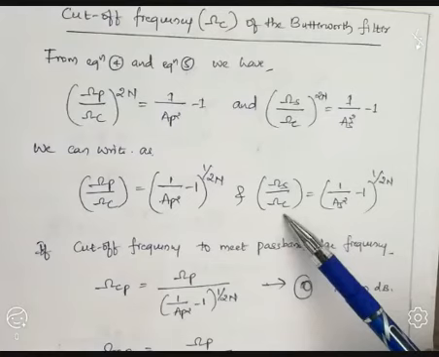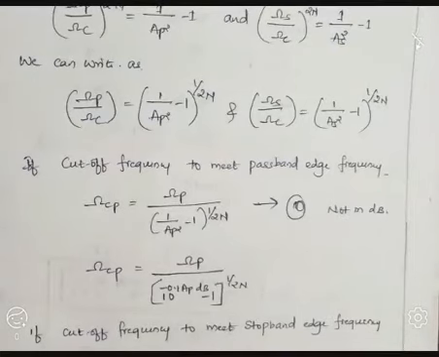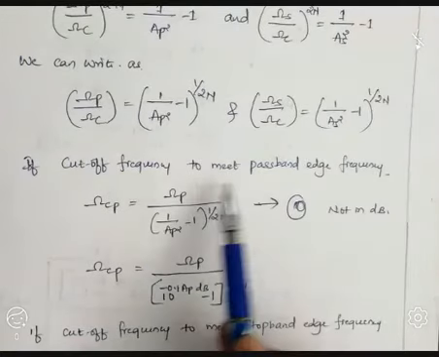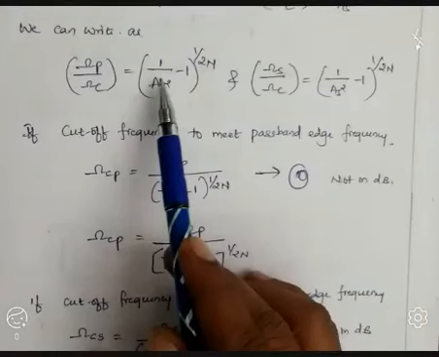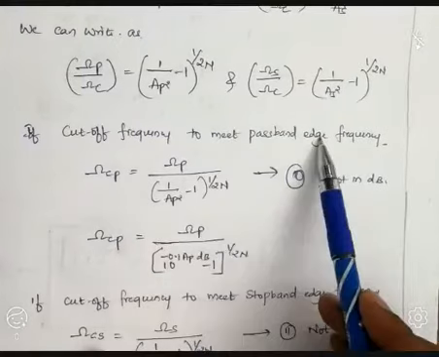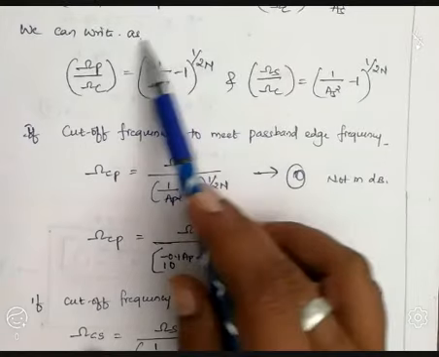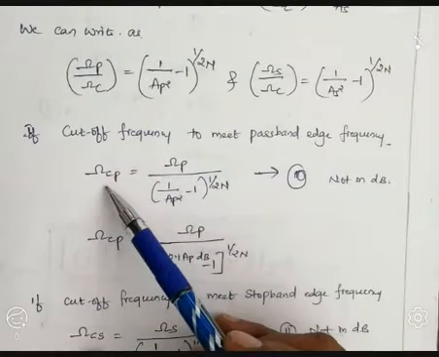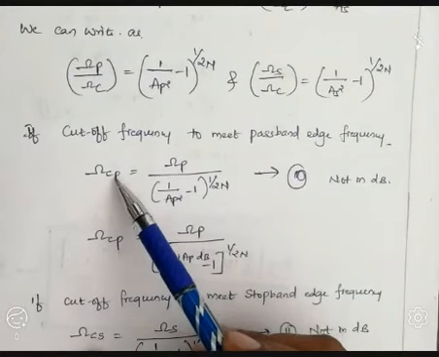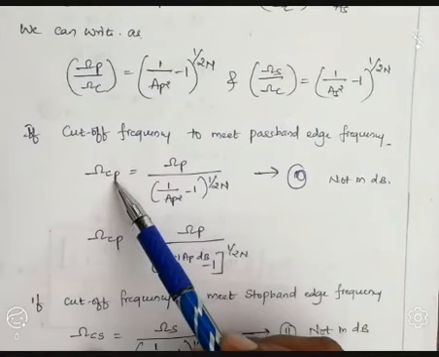In order to design the filter to meet the cutoff frequency for the passband edge frequency, we will consider this equation. That is indicated as omega cp, where c stands for cutoff frequency and p stands for passband edge frequency. Hence omega cp equal to omega p.